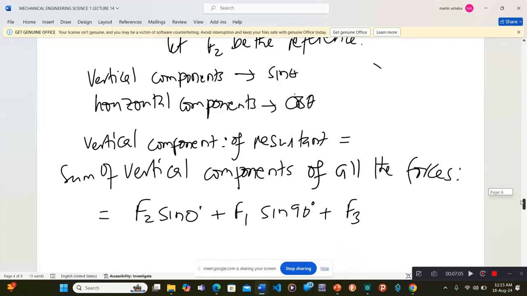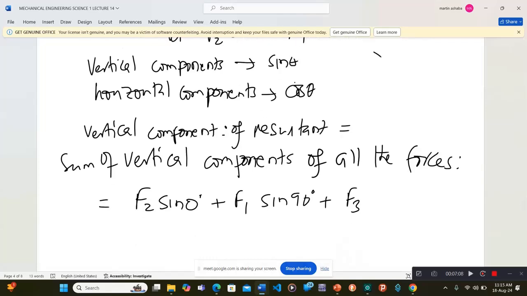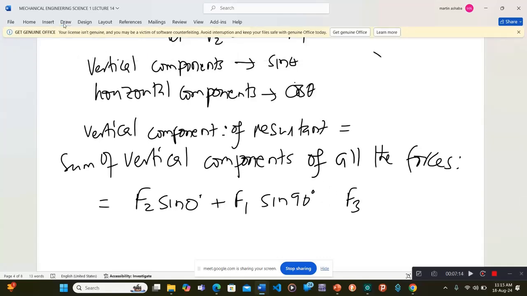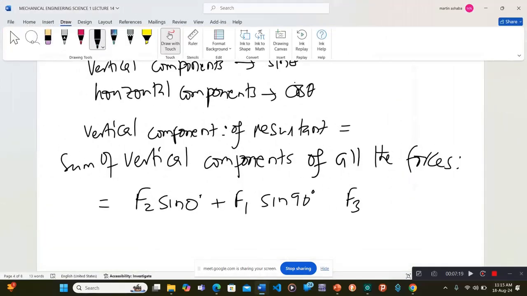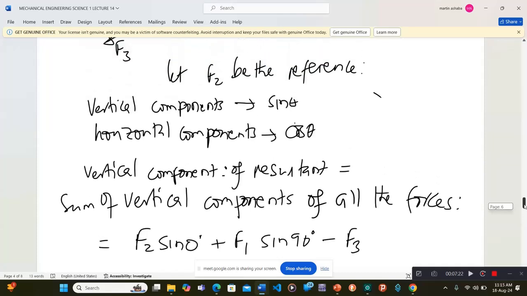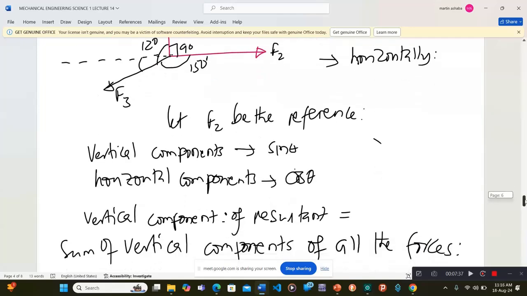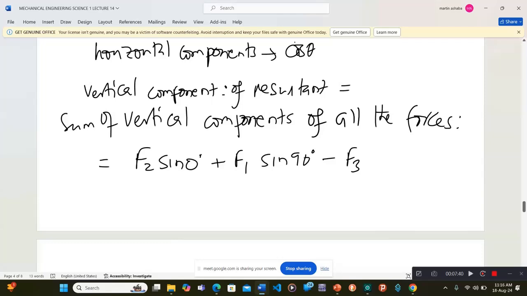I will also show you another method. But for this method, let us create a negative here because it is pointing vertically downwards. You have to master these principles very well. So if it is pointing down, the component here is going to be pointing vertically downwards. So that's why we are making it negative. So it will be F3 sine, we said 30 degrees.